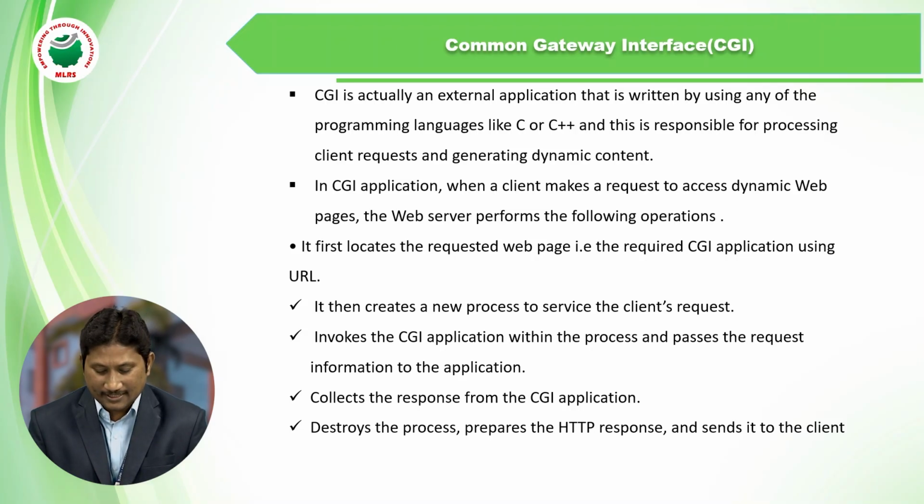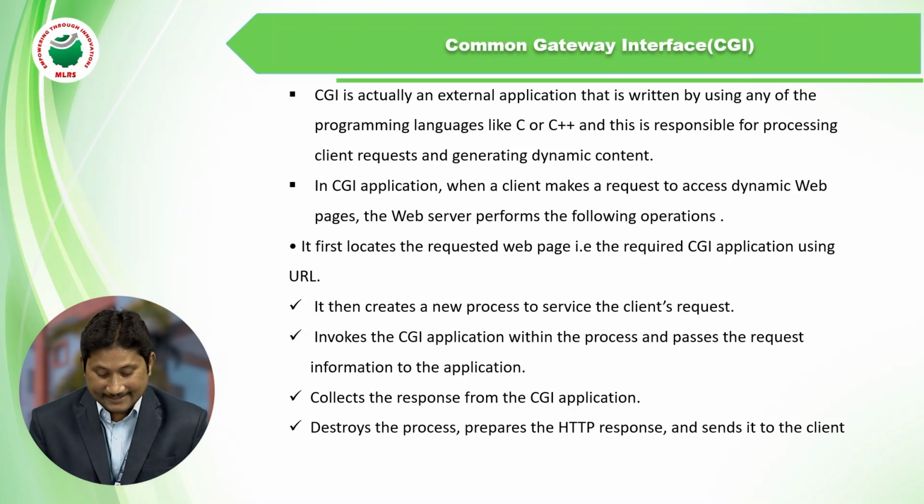In a CGI application, when a client makes a request to access dynamic web pages, the web server performs the following operations. It first locates the requested web page, that is the required CGI application, using the URL.